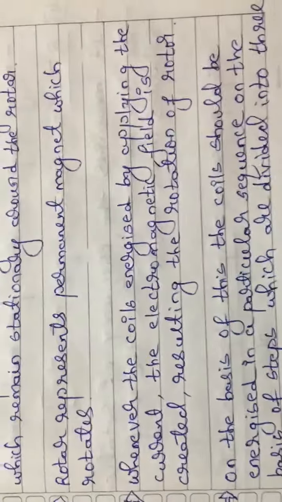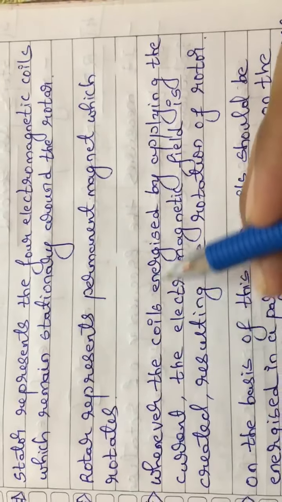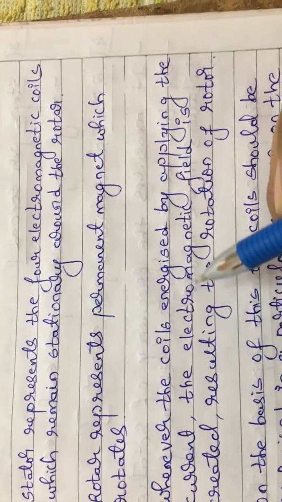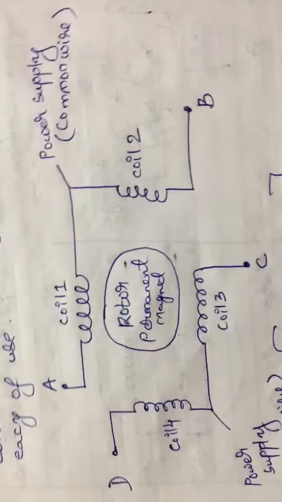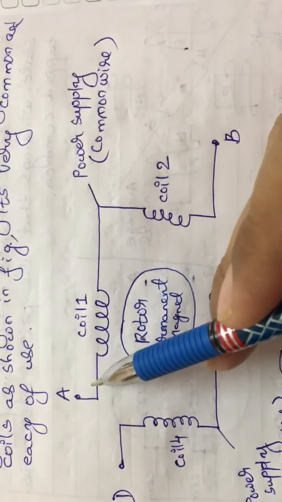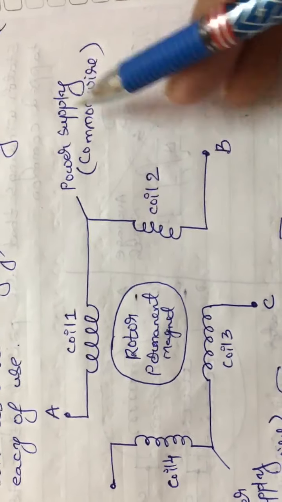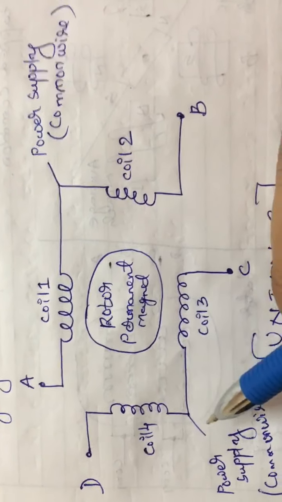So how will the motor run now? Whenever the coils are energized by applying the current, the electromagnetic field is created, resulting in the rotation of the rotor. See, if I take the picture of this one, here we have A wire and B wire which are connected to a power supply, and D wire and C wire which are connected to a power supply.